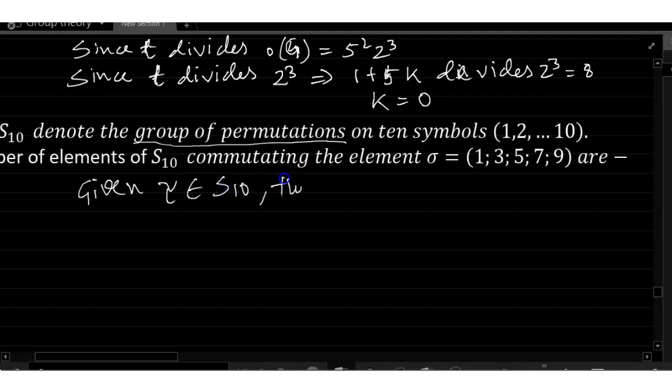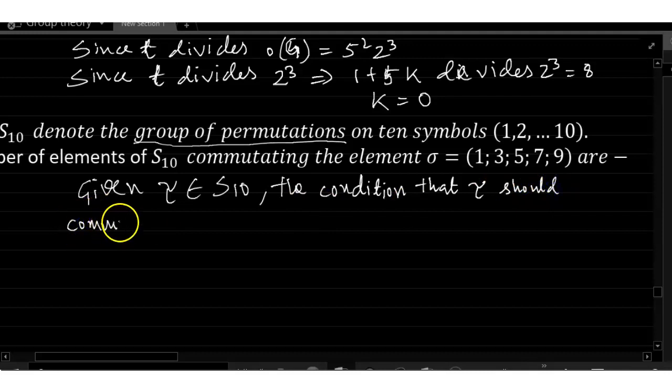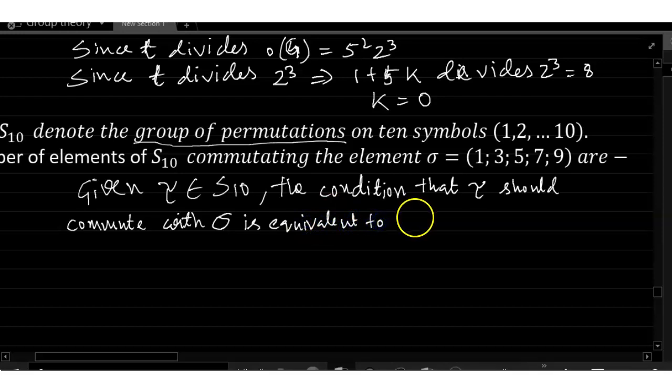The condition that tau should commute with sigma is equivalent to tau sigma tau inverse equal to sigma.